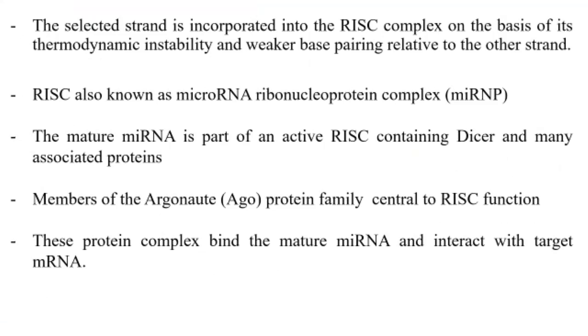The members of the Argonaute protein family are central to RISC function. Without this, the RISC cannot function efficiently to carry out these processes in the cytoplasm. These protein complexes bind to the mature microRNA and then interact with the target RNA.